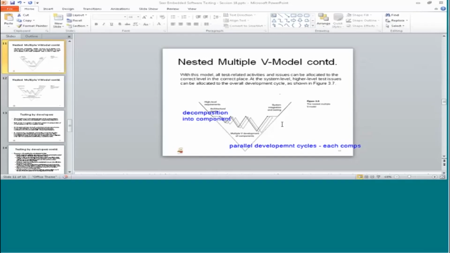On the other side we have the integration of all these subsystems and components. So that is the significance of the multiple V model in context with the listing.